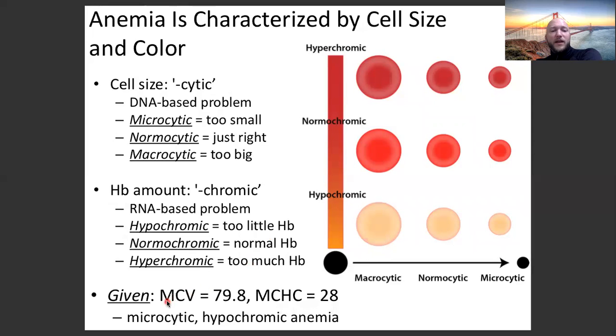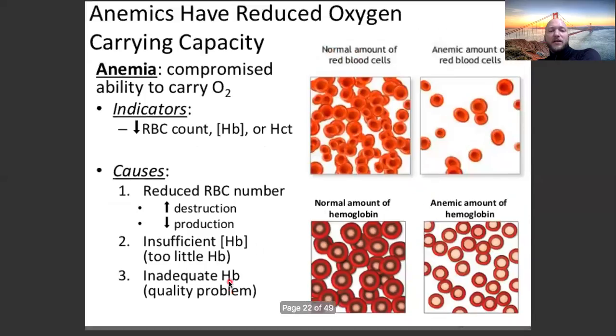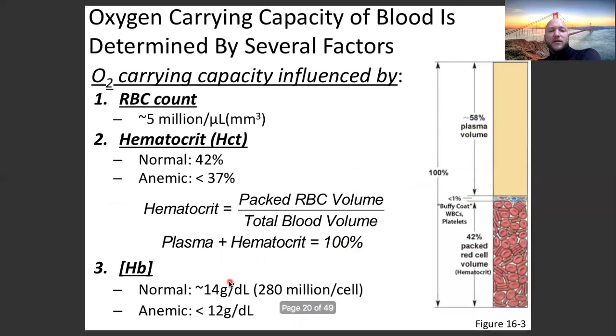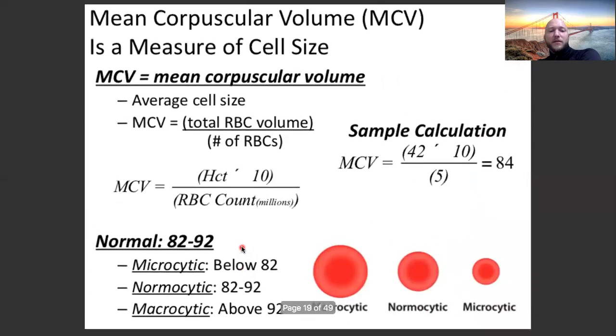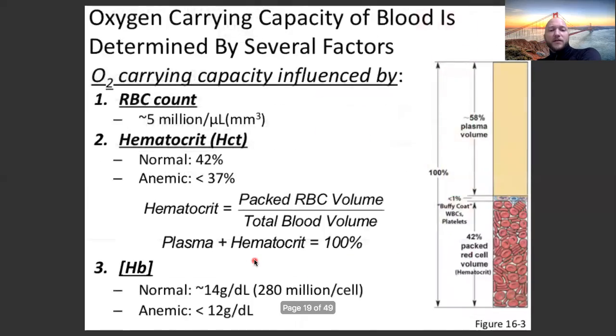So given an MCV, mean corpuscular volume, of 79.8, and an MCHC of 28, how would you describe this cell? Well, 79 is too low, so it's microcytic.